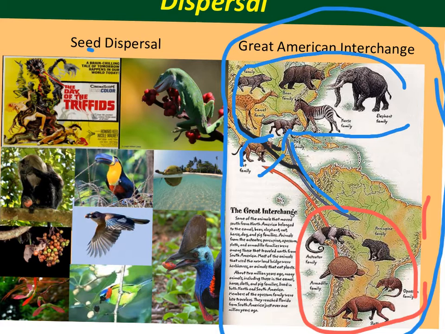The thing is, it was an asymmetrical interchange because it looks like the xenarthans were a bit more primitive. So about the only thing that actually is in North America now from South America are armadillos. But at one point there were giant ground sloths. There might have been some anteaters, things like that. There was a porcupine that we still have the descendant of. But the North American species that moved into South America were much more successful.